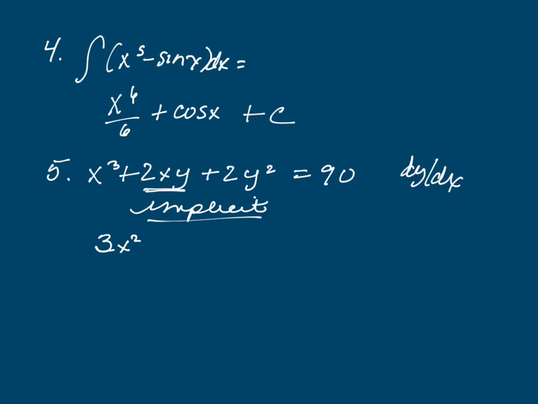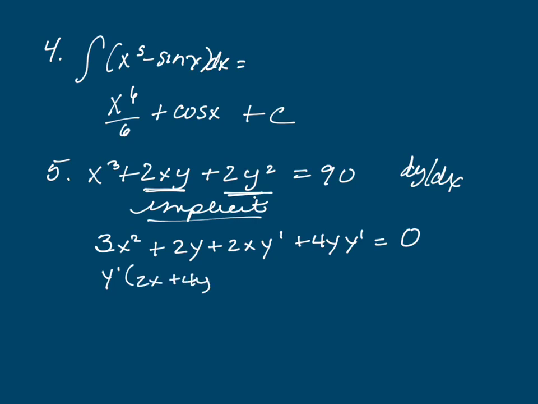So plus 2 would be the derivative of the first times the second, which is y, plus the first, which is 2x, times the derivative of the second, which would be y prime. For the next term, 2y squared, it would be plus 4y y prime, and the derivative of 90 is 0.